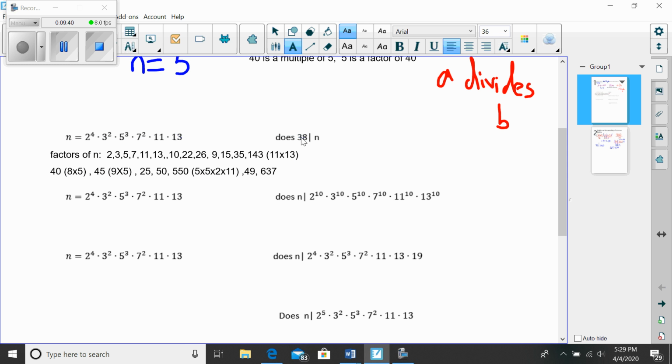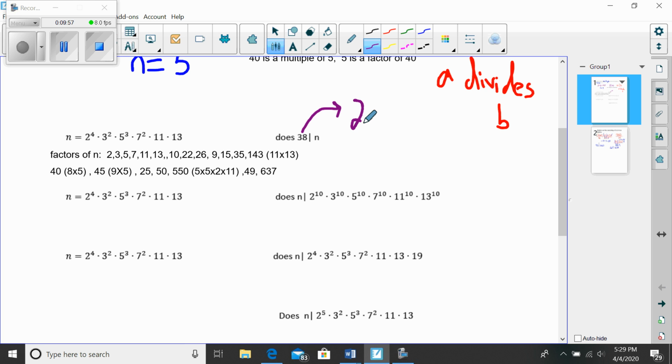So let's check out 38 then. I don't have 38 on my list, but did I just skip it over, right? Does 38 divide n? All right, and what I would look at is the prime factorization of 38. I would see that 38 can be broken down into 2 times 19. And then I look at n. n doesn't have a factor of 19.